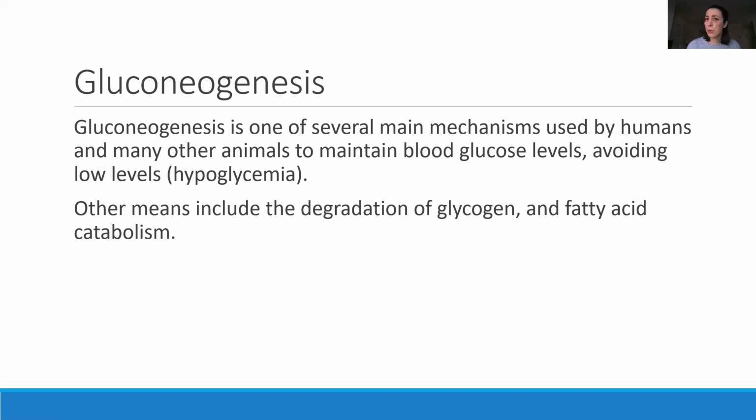Of course, if our glucose levels were low, you would also potentially be using gluconeogenesis. Other means include the degradation of glycogen and fatty acid catabolism. So these are other reasons that you would be using gluconeogenesis.